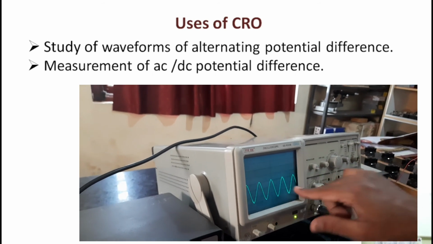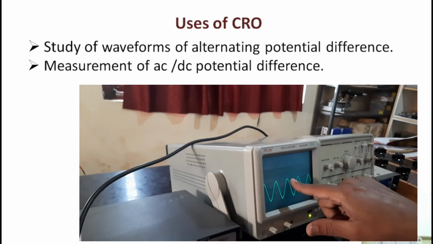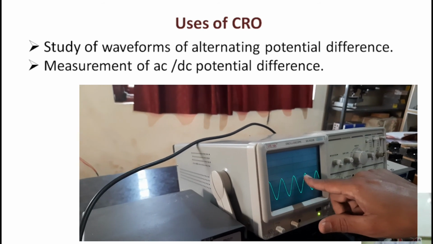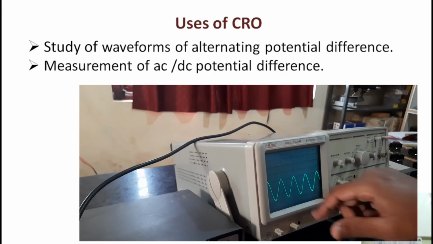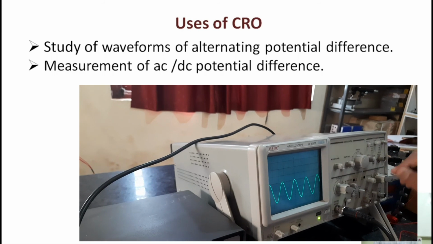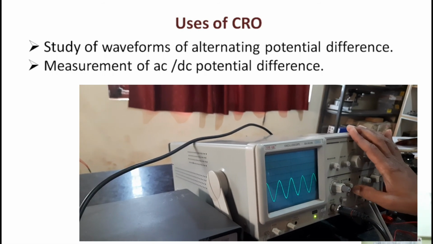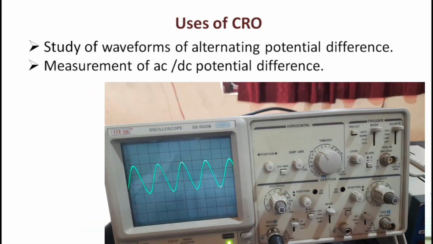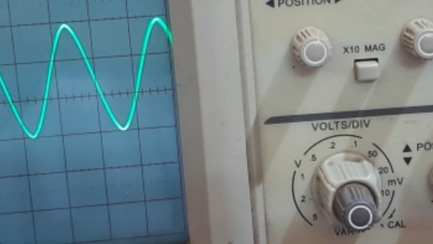Dividing it by root 2 gives RMS value. Suppose for a waveform vertical attenuation is set to 0.5 volt per division and number of divisions is 3, that is from peak to peak vertically, then the peak to peak voltage is 0.5 into 3 is equal to 1.5 volt.